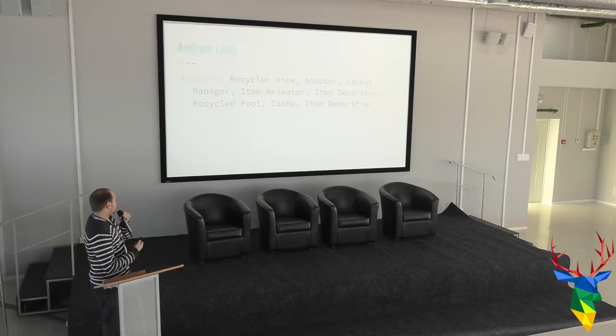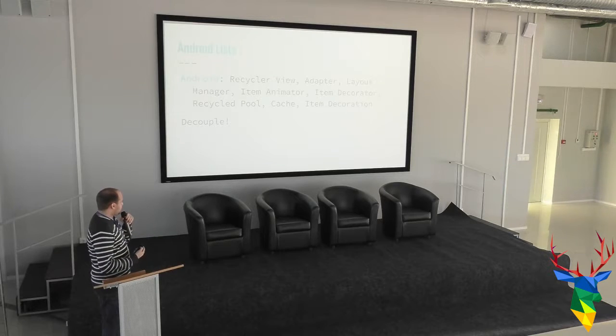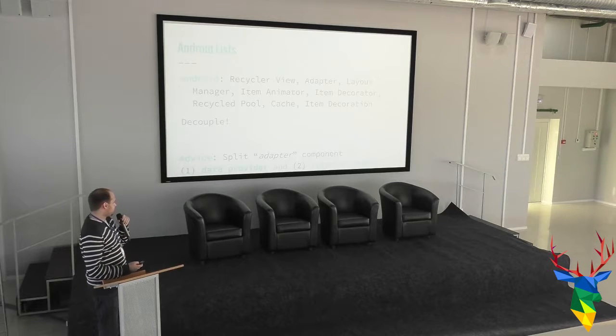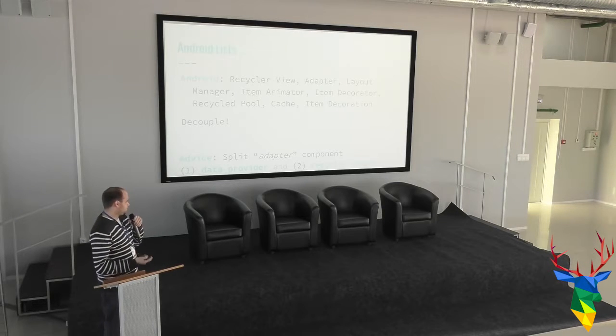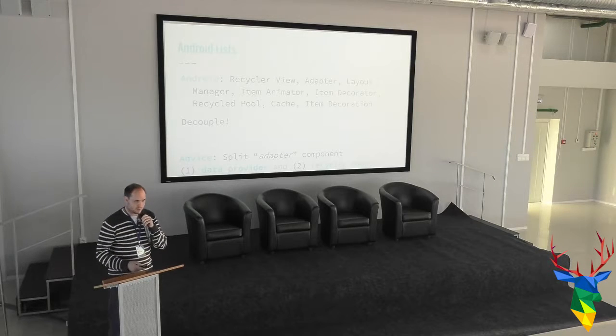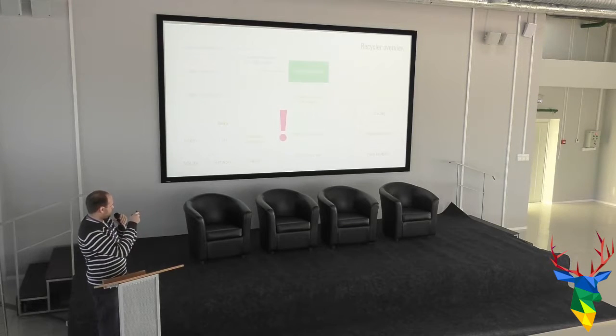And these are the components from the RecyclerView. This is what Android offers by default. And we decided to decouple, but not all of them. We decided to decouple the adapter component into two different components: one is the data provider, and the other is the recycler adapter. So here's an example. When a RecyclerView wants to draw its children, it needs to check whether its data is prepared, so it calls into the adapter.